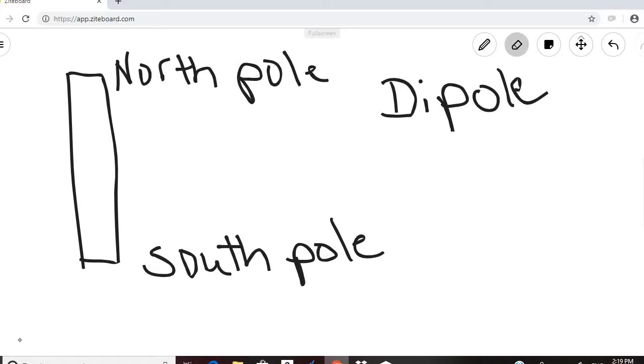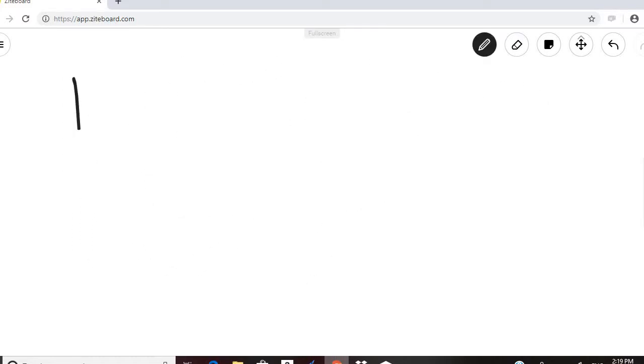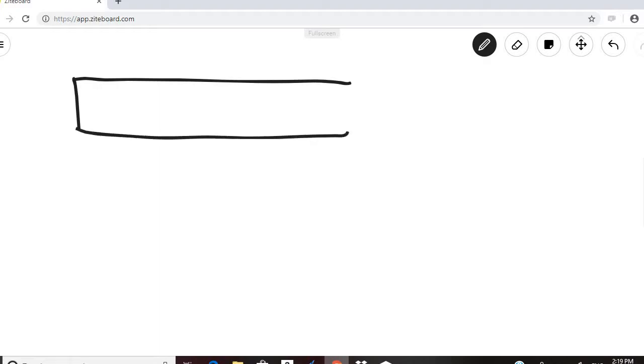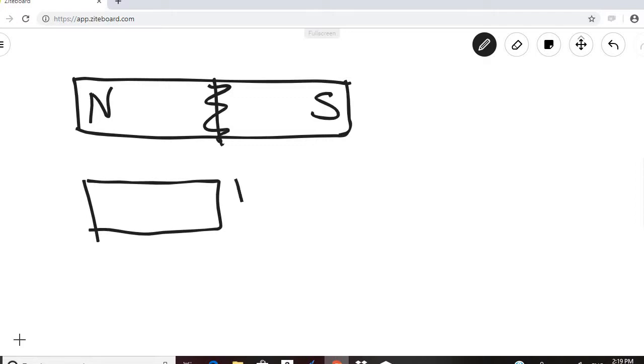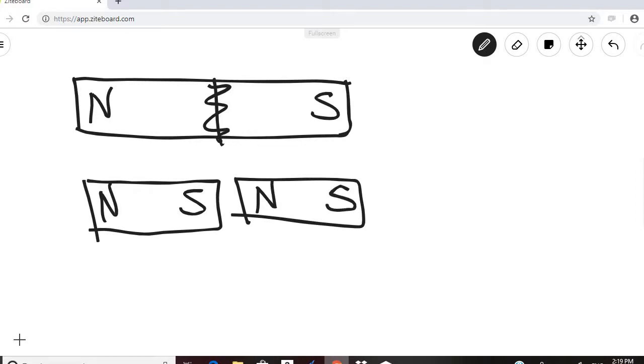So if we have this magnet, and this is the north pole and this is the south pole, if we were to divide this magnet into two, each of those halves of the magnet would still have a north and south pole. So magnets always exist as a dipole.